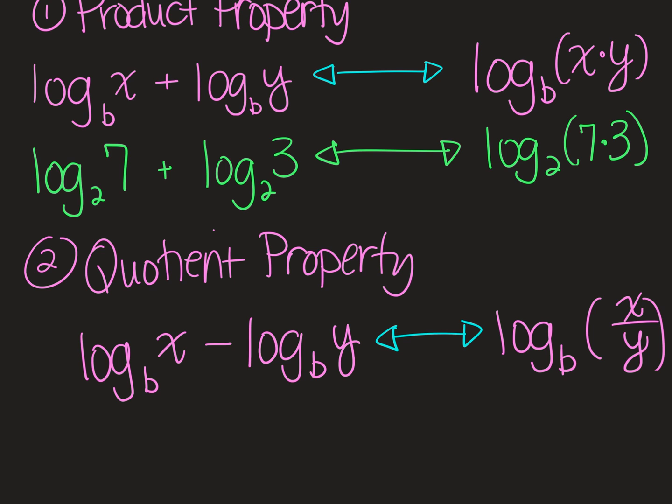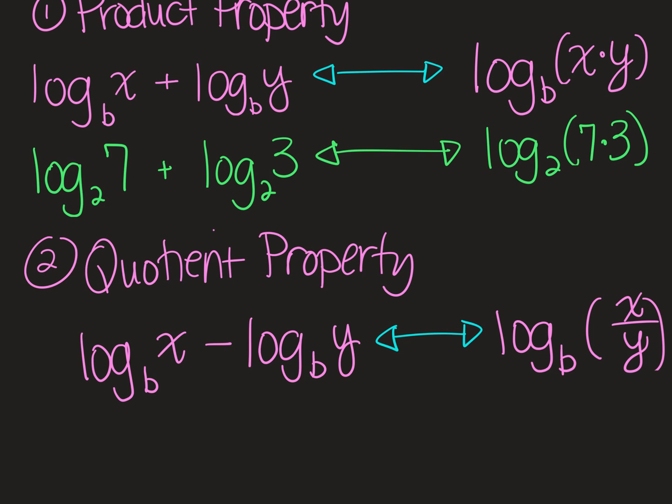And the key to this is remembering that whatever the first logarithm was, that value x becomes the numerator of the new logarithm. And then whatever is in the second logarithm, or more importantly, what comes after the minus sign, is what goes in the denominator of that logarithm.